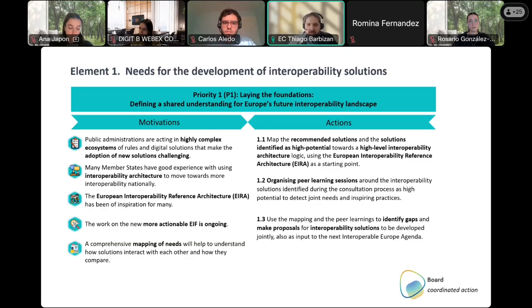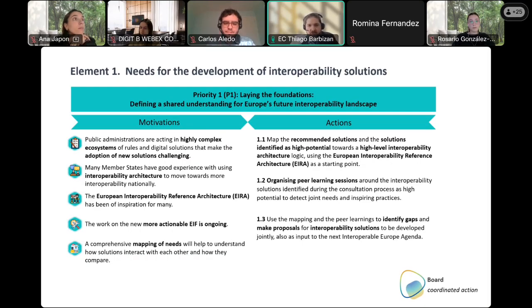So public administrations are acting in this highly complex ecosystem of rules and digital solutions, which makes the adoption of new solutions challenging. Many member states have good experience using interoperability architecture at their national level to move towards more interoperability nationally.